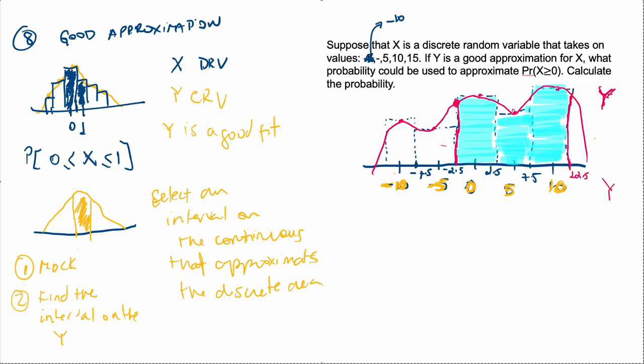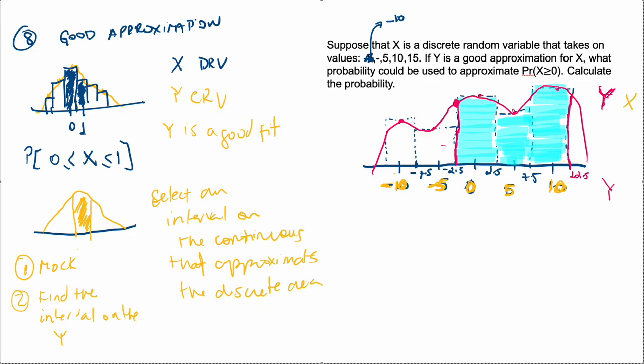Although you have the histogram, if you remember the histogram, each bin gives you the probability of its middle number. It doesn't mean that the discrete variable can assume more than that. The discrete variable, the x, the yellow x, cannot assume 2.5 or minus 2.5, right? But y can. Y can assume those values.